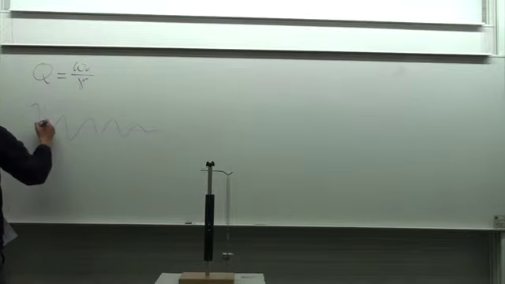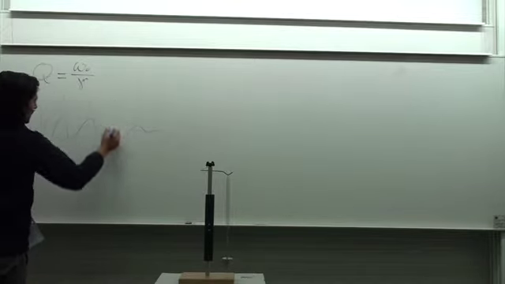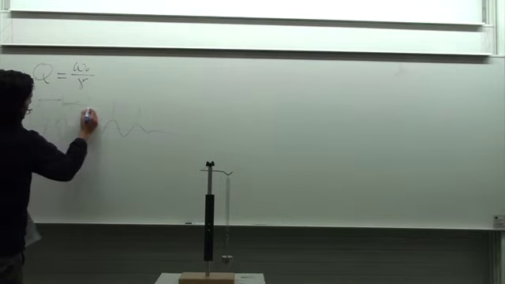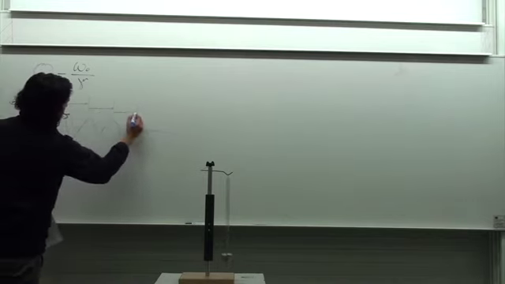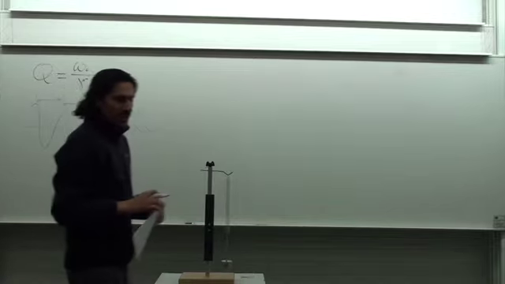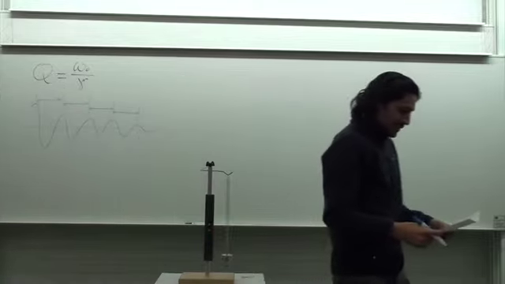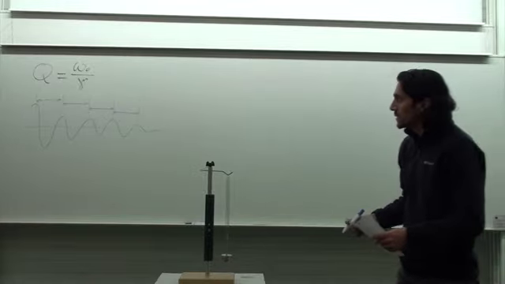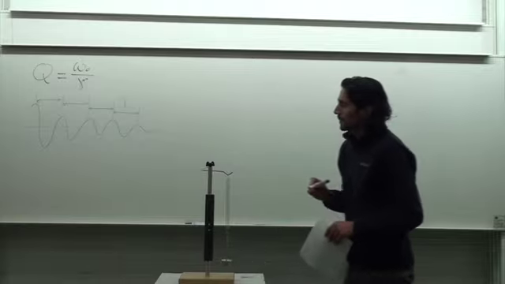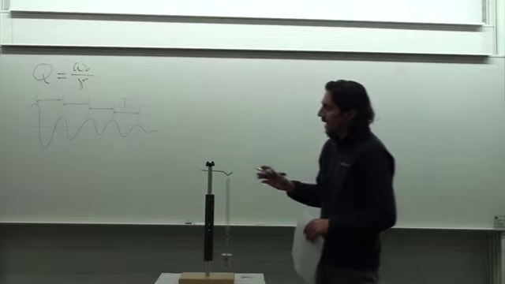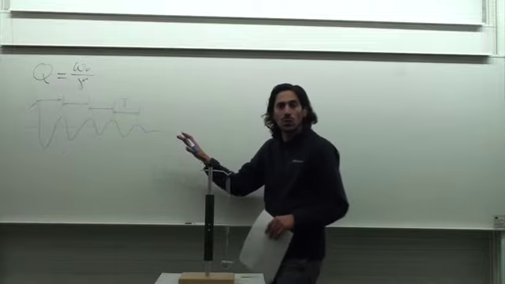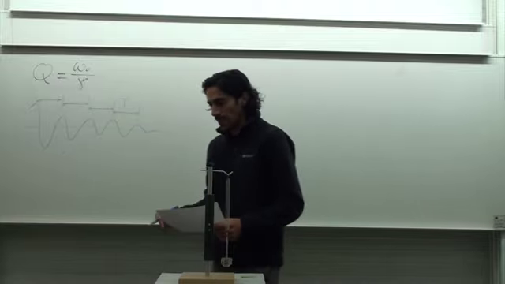If this is the period, this is not what is changing when we have damping. T is uniquely determined. What is changing is the amplitude, really. The amplitude is what is changing.